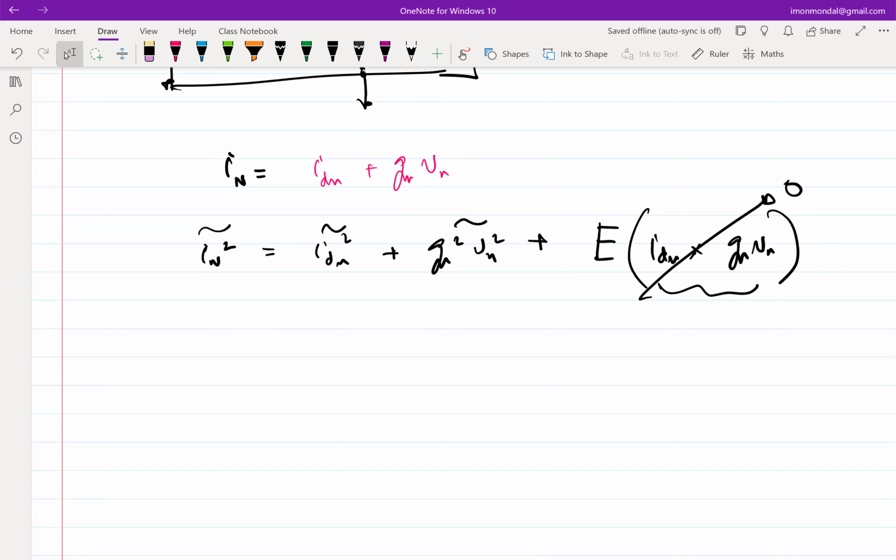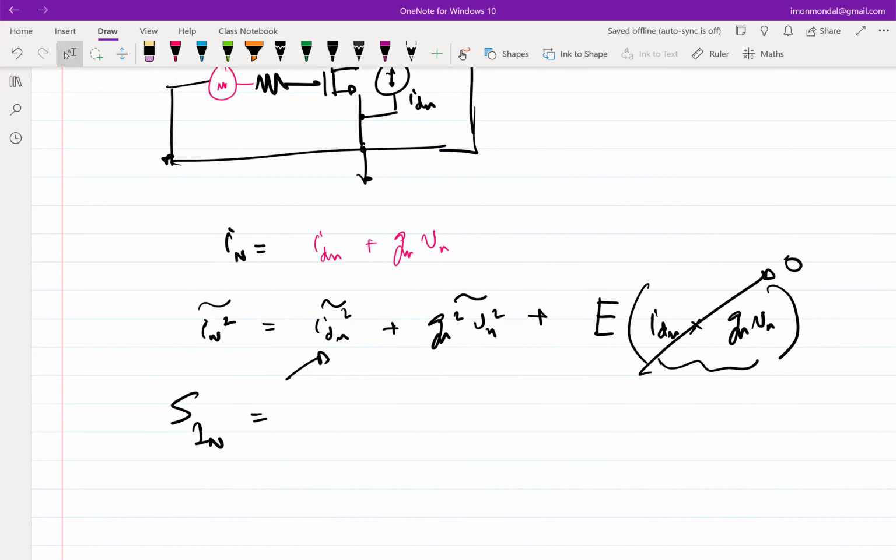So essentially, your S_IN, the spectral density, is the power spectral density because of the noise current in the transistor, which is 4kTγG_M, plus G_M squared times 4kTR_G.